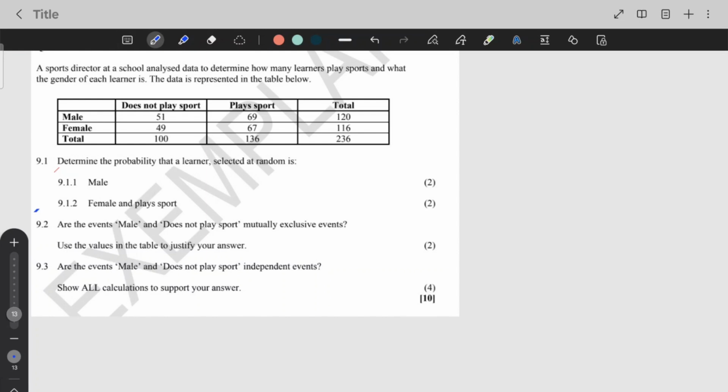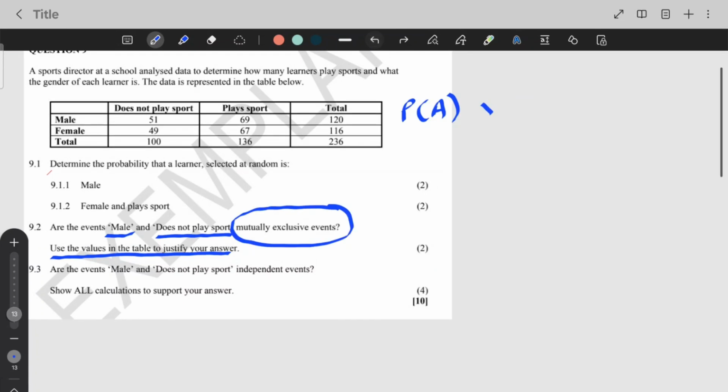Okay, our next question, 9.2 says, are the events male and does not play sport mutually exclusive? Use the values in your table to justify your answer. So for events to be mutually exclusive, the probability of the one event and the second event must give you 0.